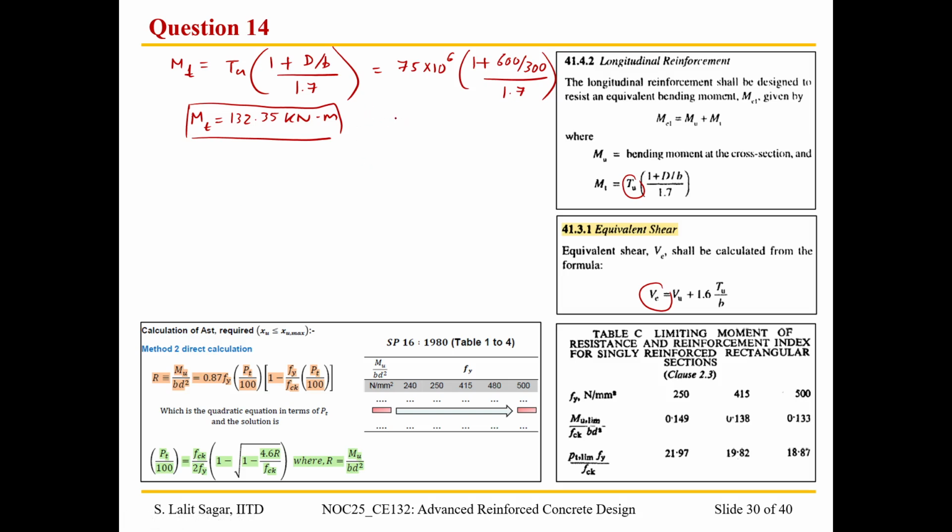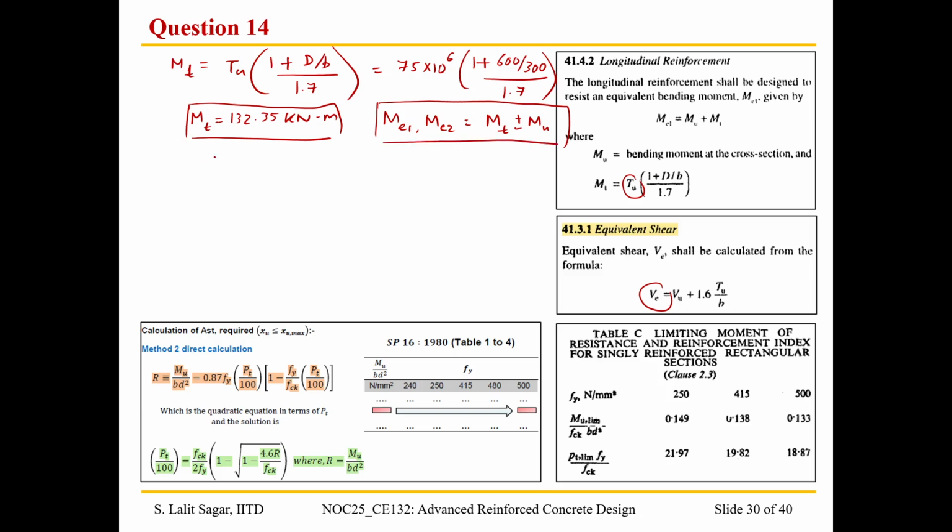So here it has to be Me. So we are going to be solving it later on. Me1 and Me2 is equal to Mt plus or minus M. This is the equation, right?